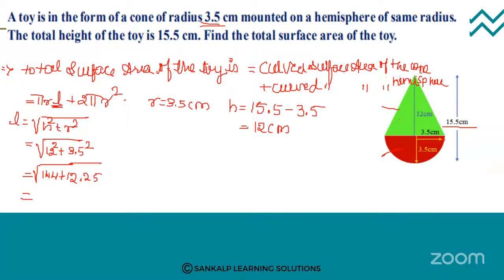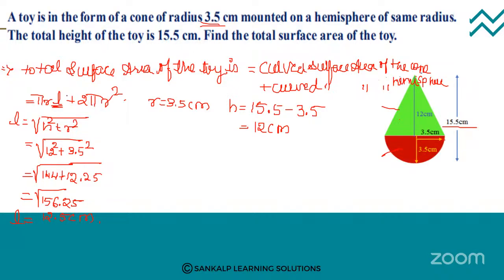So if you add these two values, 144 plus 12.25, that is 156.25. If you take the square root of this value, then you will get 12.5. So this is the value of L, 12.5 centimeter. Now, substitute the value of L in the formula.